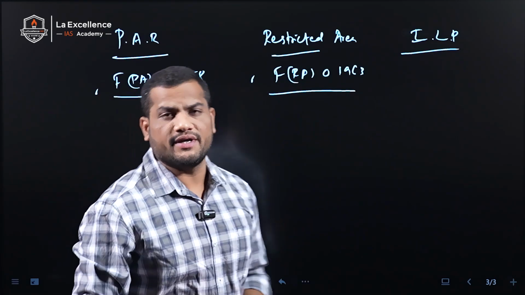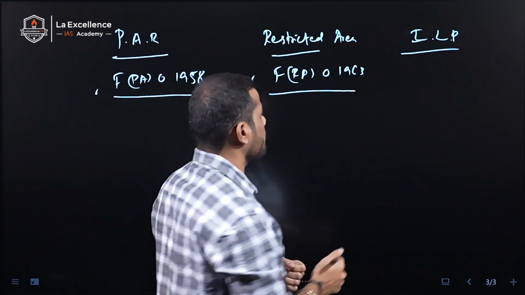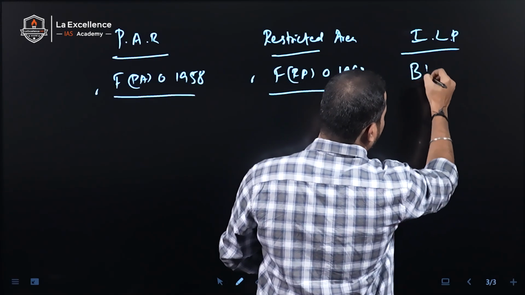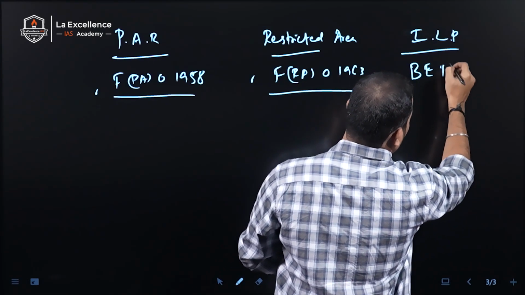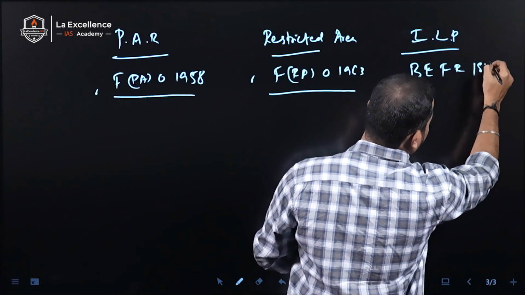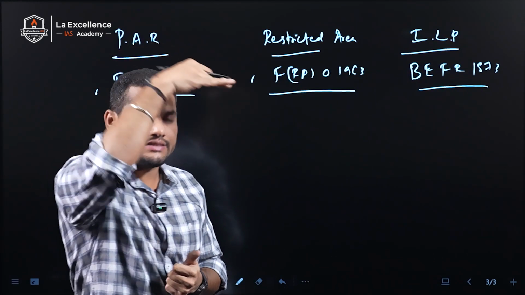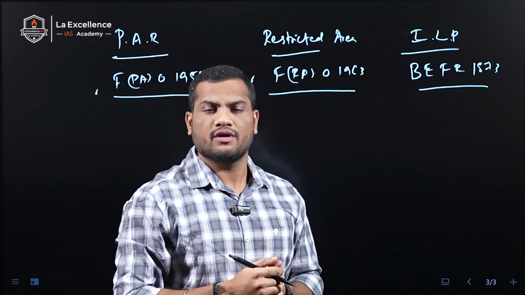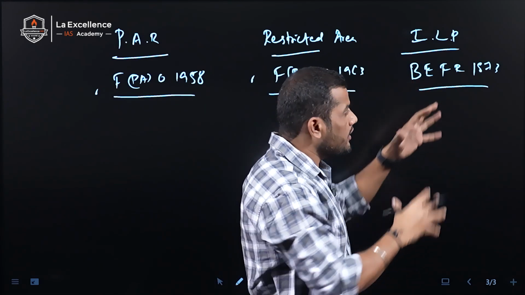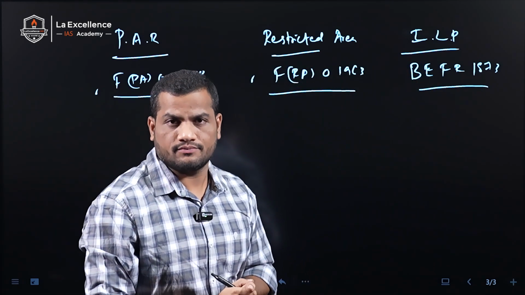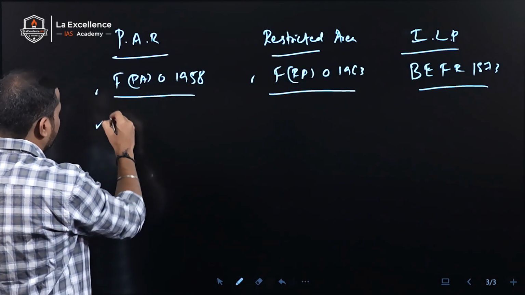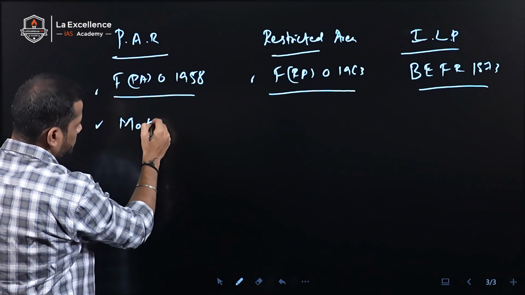But inner line permit is regulated through the Bengal Eastern Frontier Regulation of 1873. This is a different regulation which existed in pre-independence time. Through that, we regulate inner line permit. Who issues this? Ministry of Home Affairs.